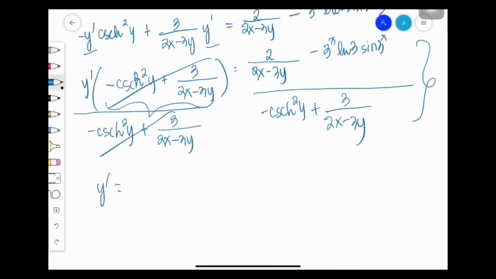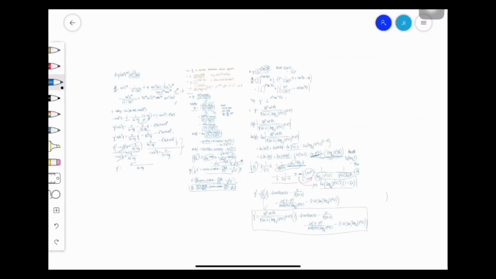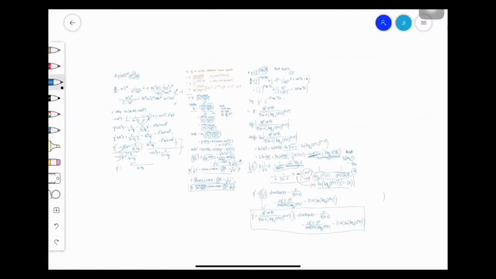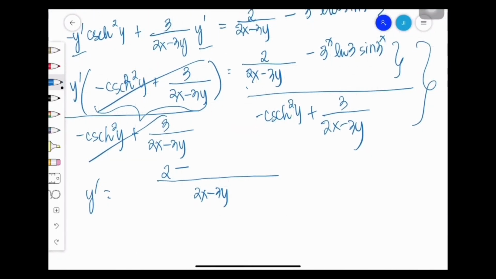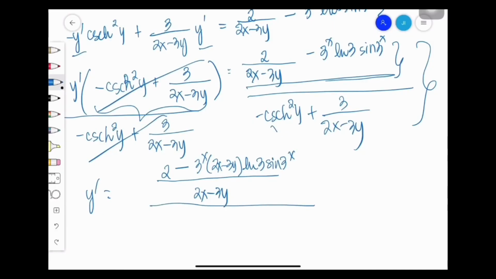For the numerator, we'll have an LCD of 2x minus 3y, and we have 2 minus, let's combine this, 2 minus 3 to the x times 2x minus 3y, right? ln 3 sine 3 to the x. Am I correct?